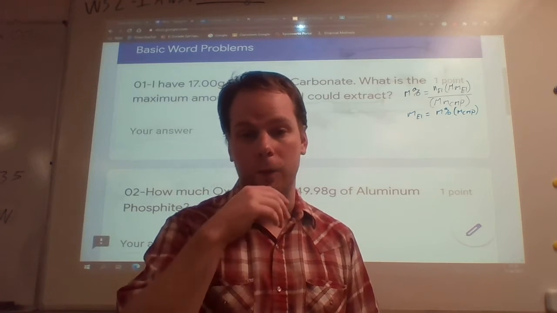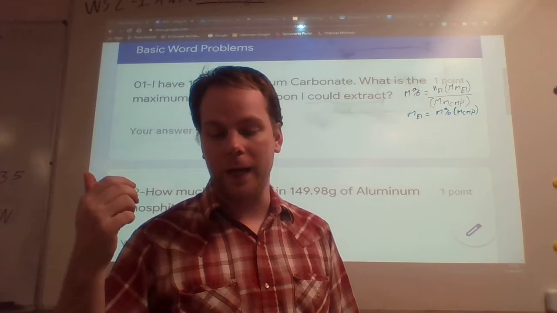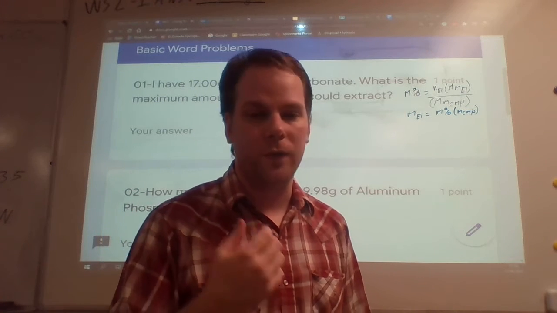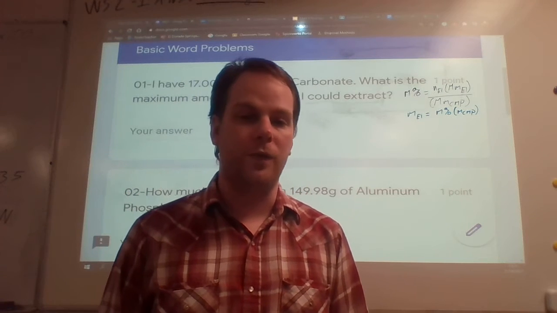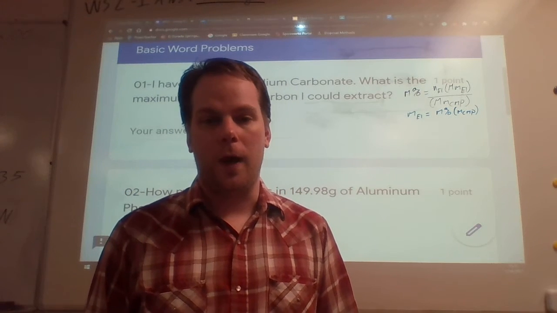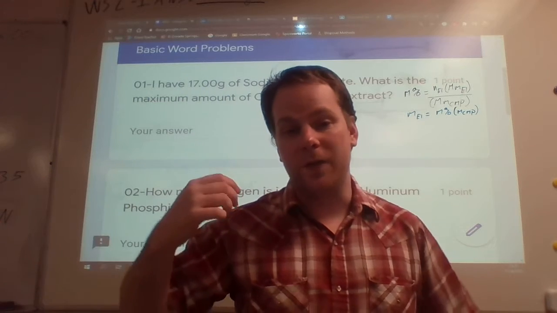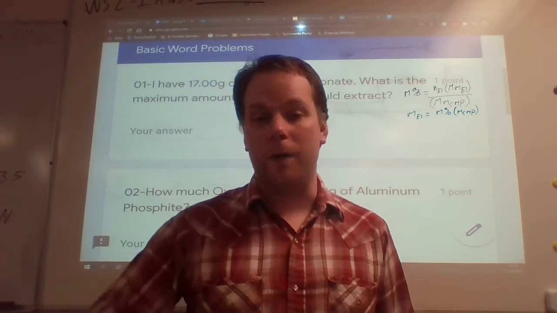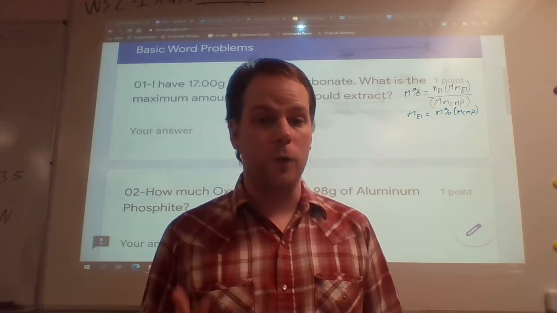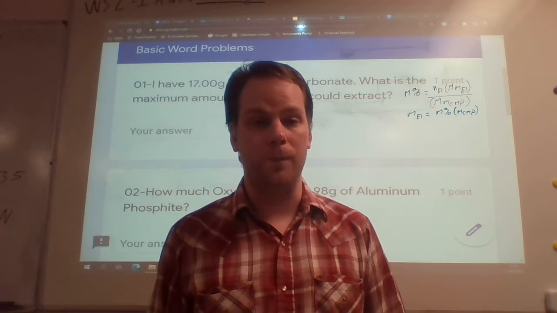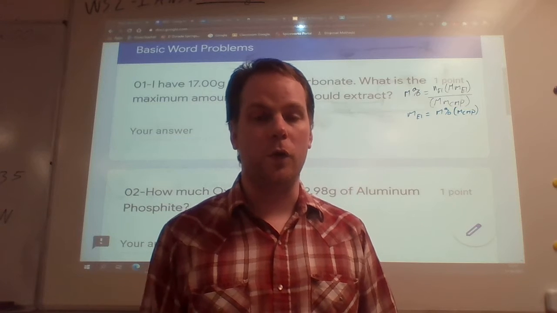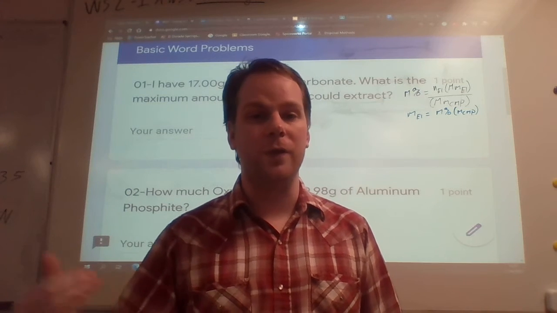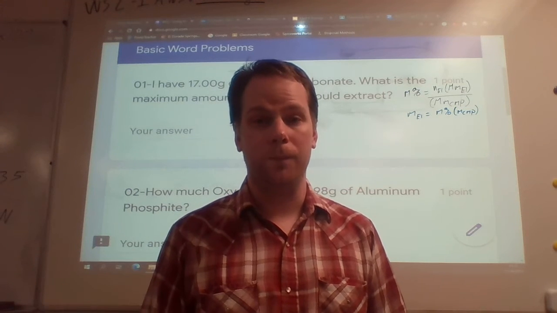For example, if you find the mass percent of sodium hydroxide, it's about 57% sodium. That means that 57% of however much sodium hydroxide you have is sodium. So if you have 100 grams of sodium hydroxide, 57 grams of that is sodium.